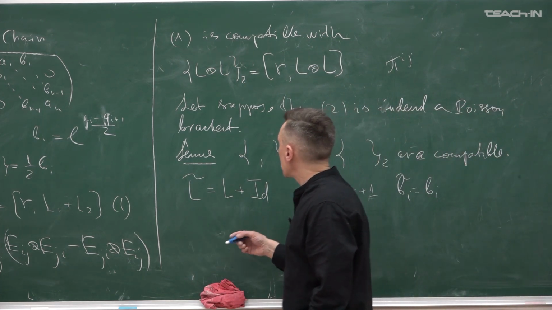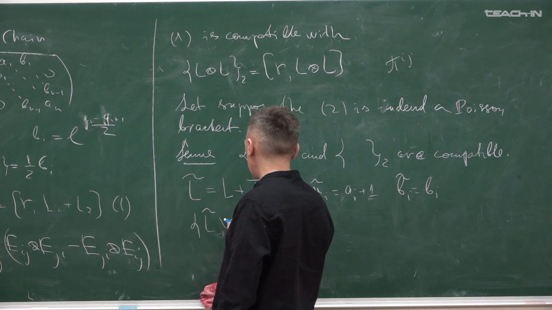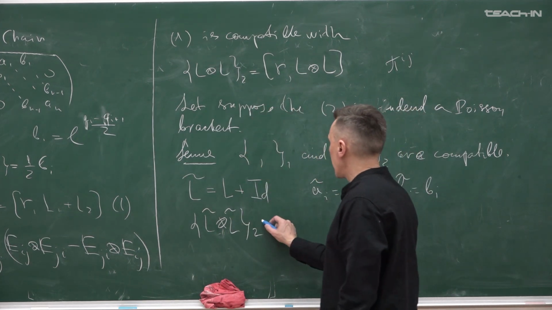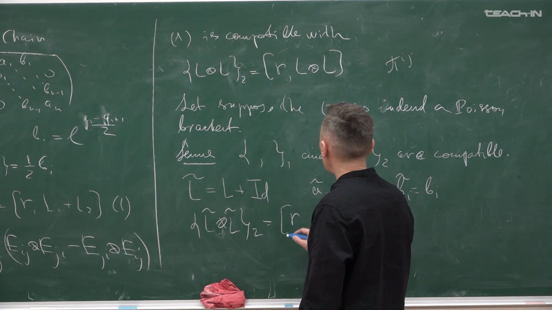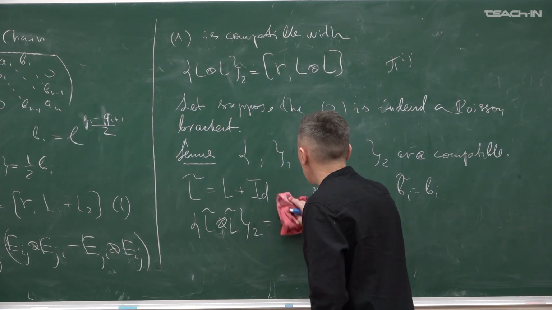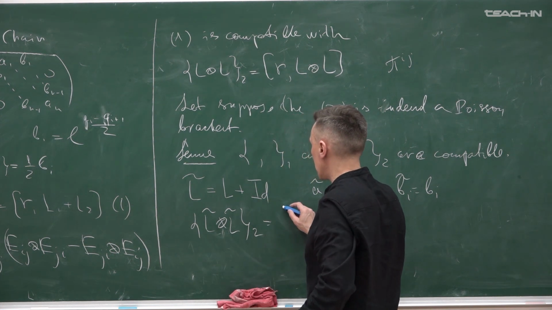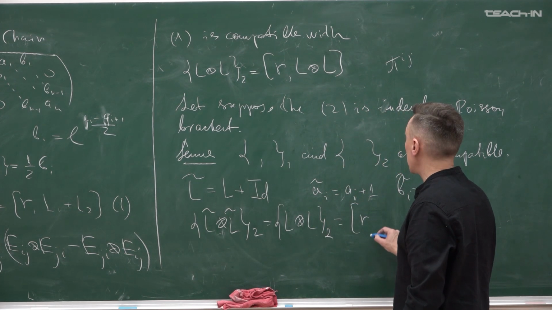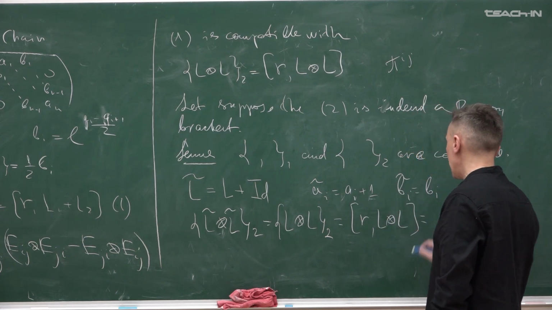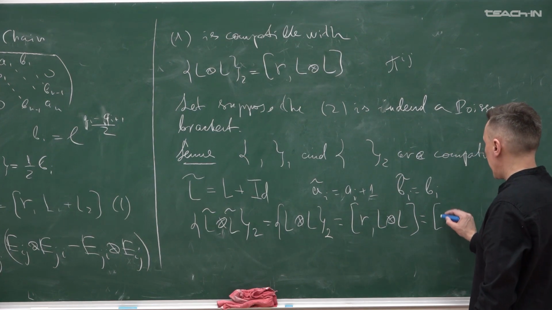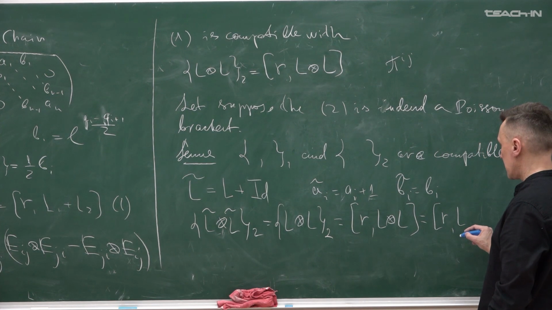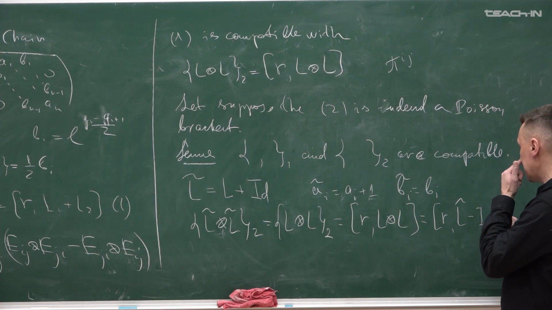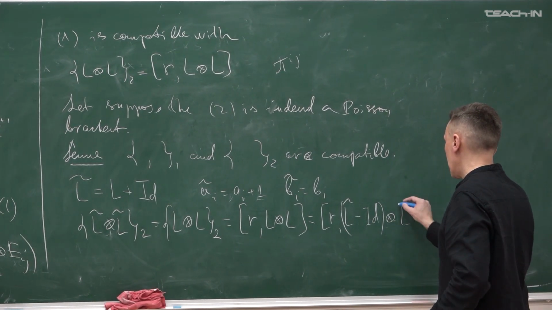In terms of such a matrix, the quadratic Poisson bracket has the form R. So it is just the same as the bracket of L with L. It is R applied to L tilde minus identity, L tilde minus identity.